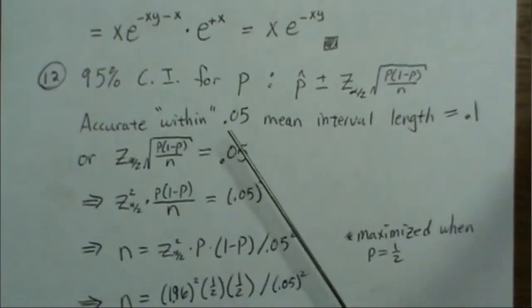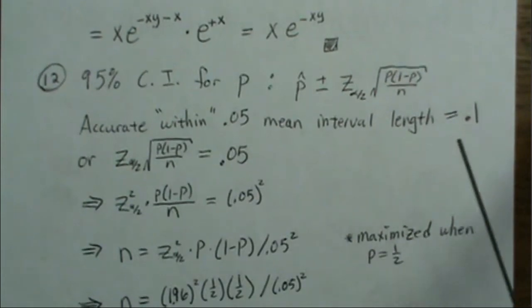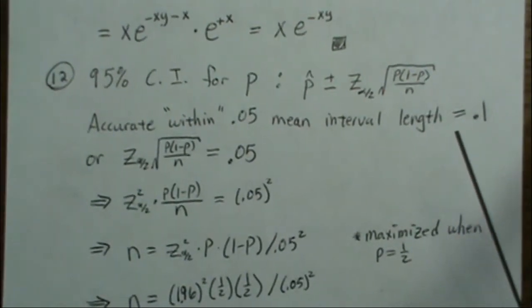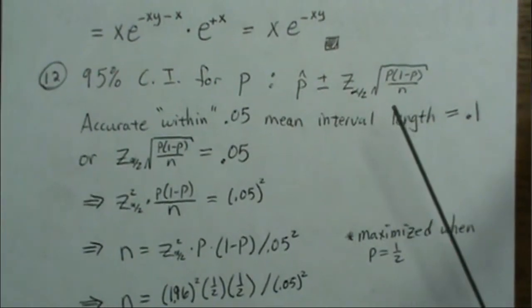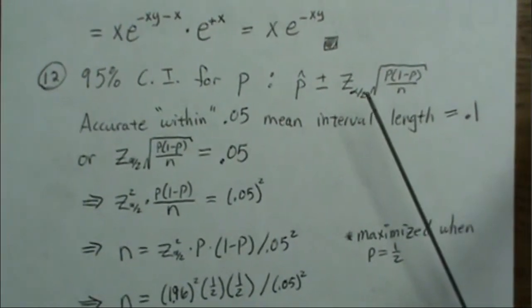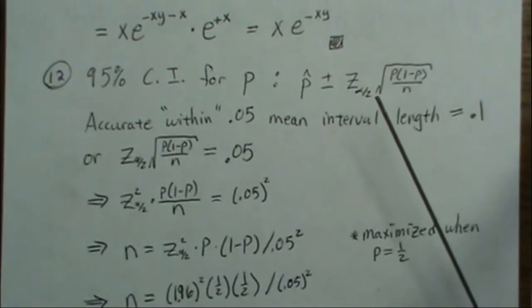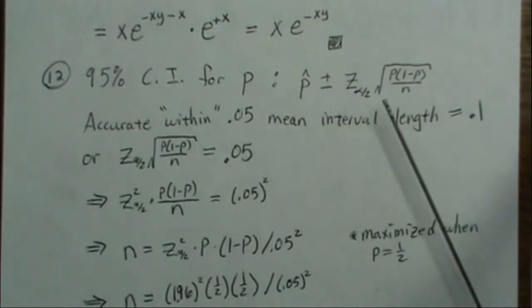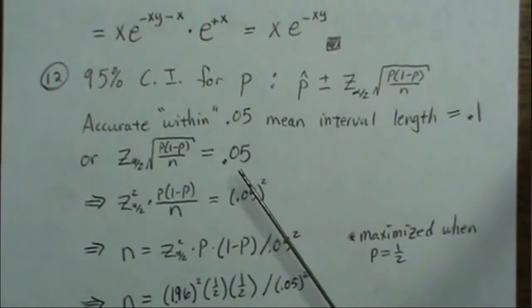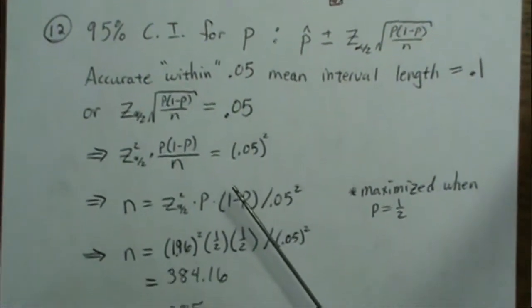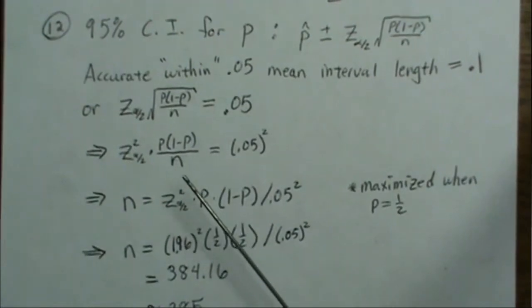So to be accurate within 0.05, that means the total length of the interval is 0.1. So it's the top minus the bottom, which ends up being just twice that. So to be within 0.05, it's actually just this error term. We want it to be 0.05. Well, we need to solve for n here.